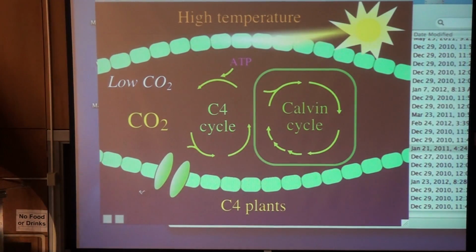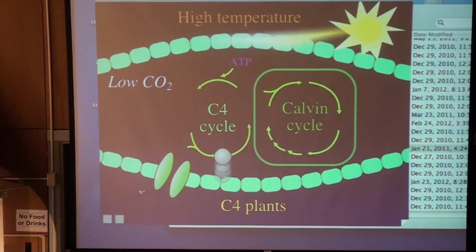So let's see. The CO2 fixing enzyme of the C4 cycle, that enzyme right there, can fix CO2 at very low concentrations and still close the leaf. And so we're going to see that here: that C4 carbon fixing enzyme grabs the carbon dioxide, it becomes part of the C4 molecule like that.